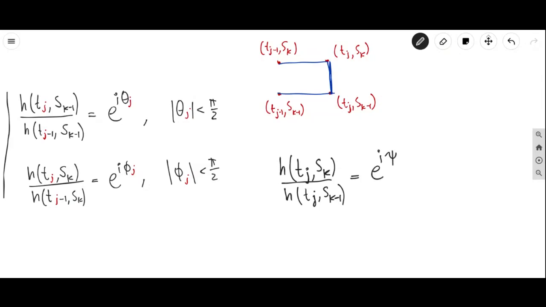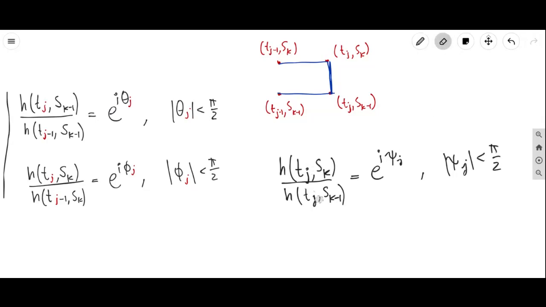Let's call that angle psi j, where psi j is less than pi over 2.